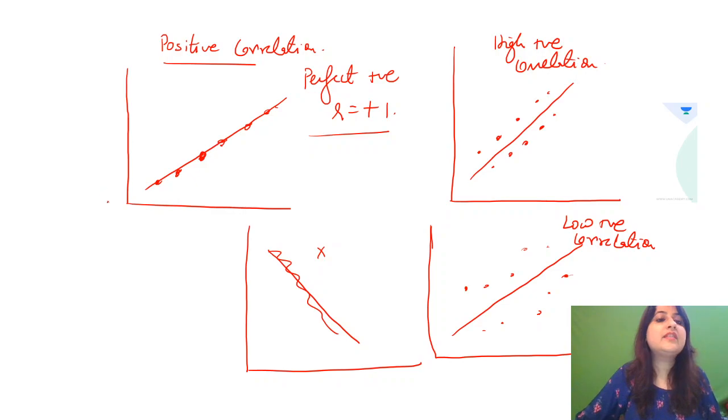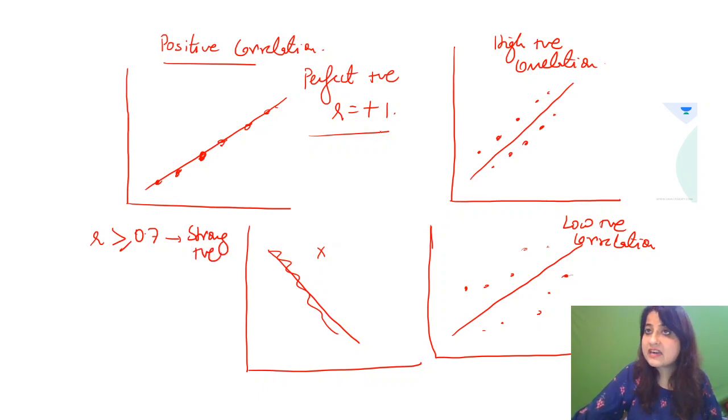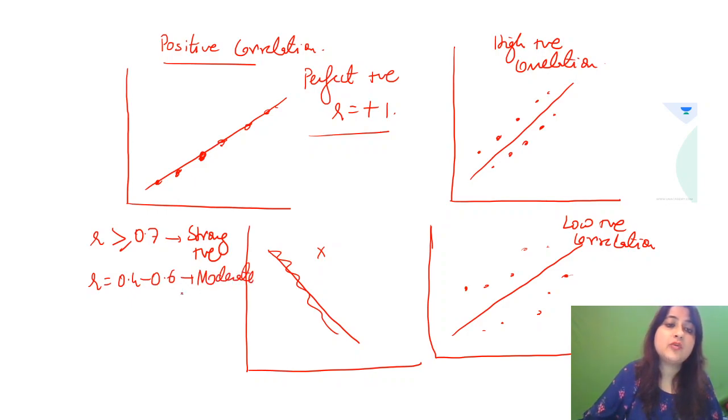Depending on this, the values of R could be: if R is more than or equal to 0.7, it is high positive, or we can also say a strong positive. But when R is 1, it is perfect positive. If R is 0.4 to 0.6, this is a moderate positive correlation.